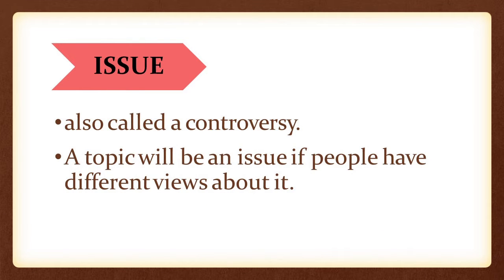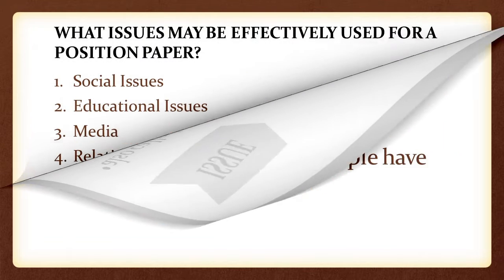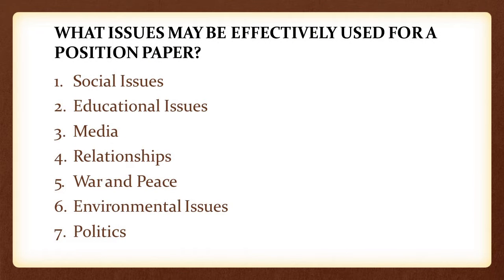This is also called controversy. Usually, a topic will be an issue if people have different views about it. Issues that may be effectively used for a position paper may include the following: social issues, educational issues, media, relationships, war and peace, environmental issues, and of course, politics.